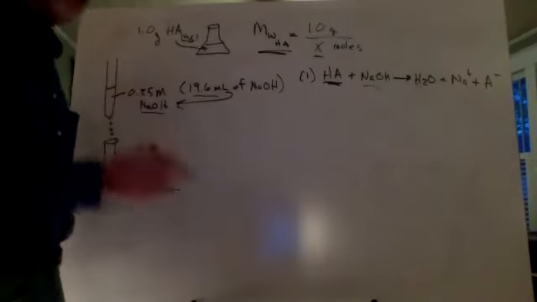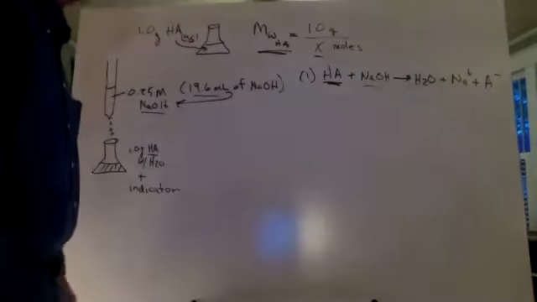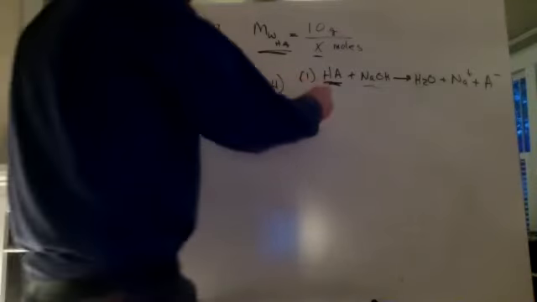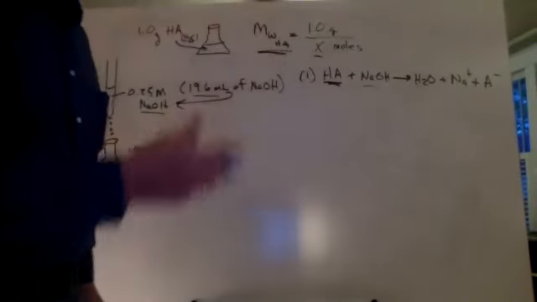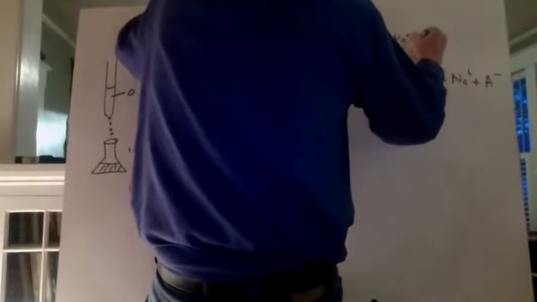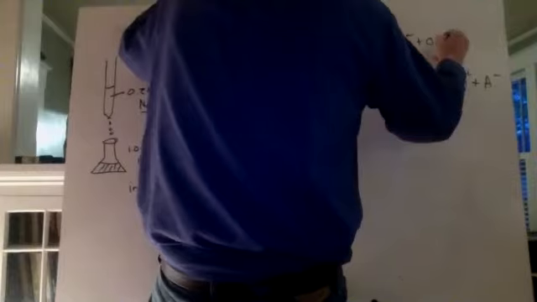So stoichiometry, step 1, write out the balanced chemical equation. 1 mole of monoprotic acid will react with 1 mole of NaOH, that is 1 mole of hydroxide ion. Remember that NaOH in solution will dissociate 100% into its constituent ions.